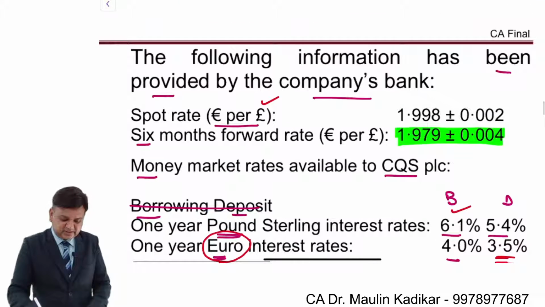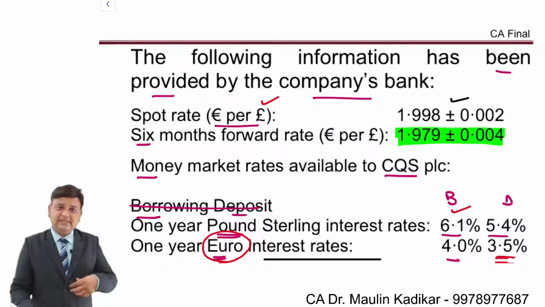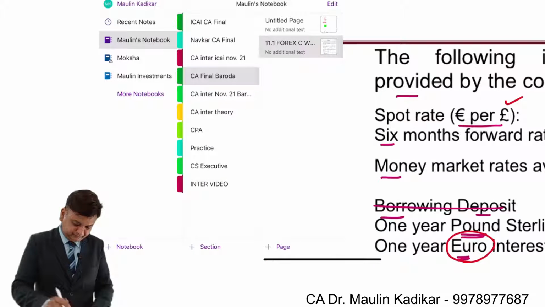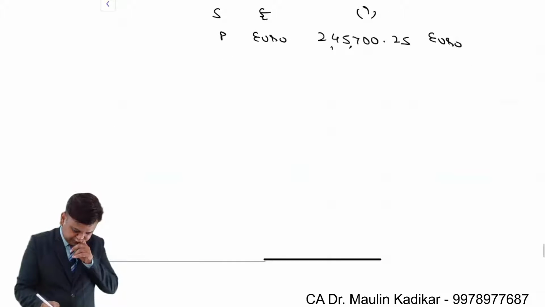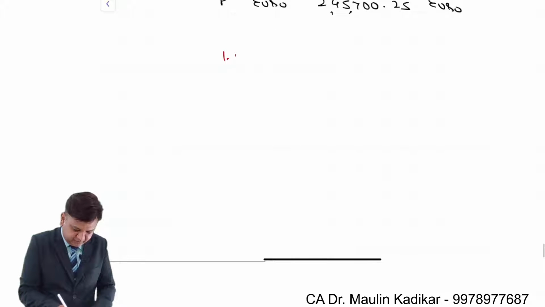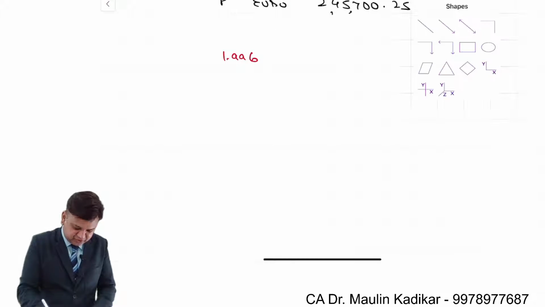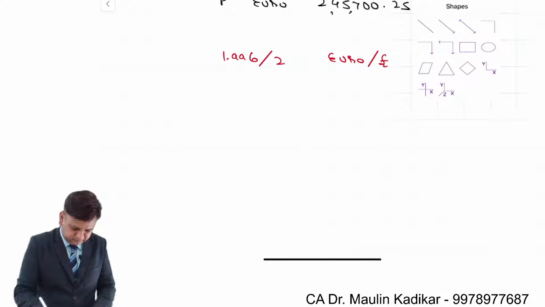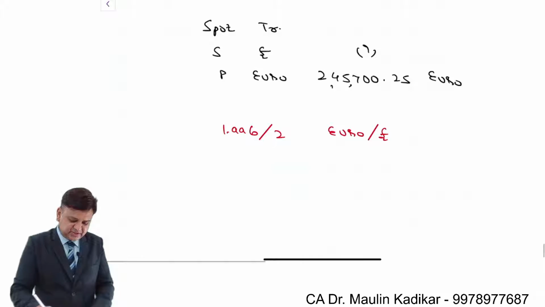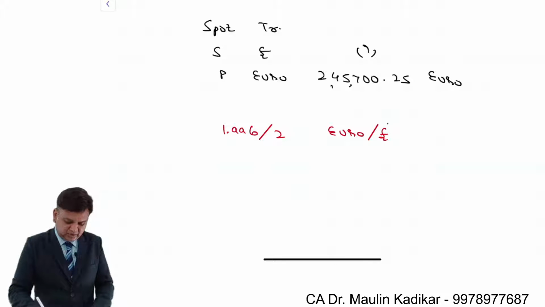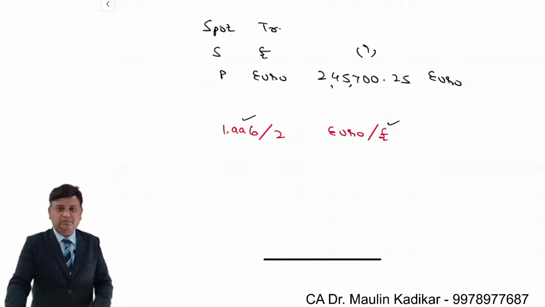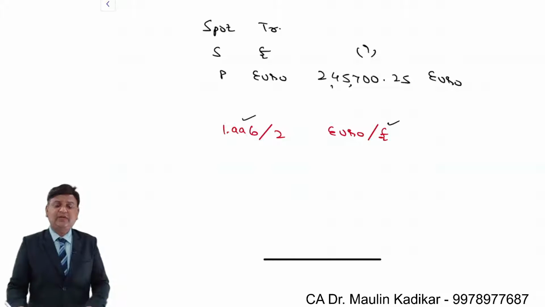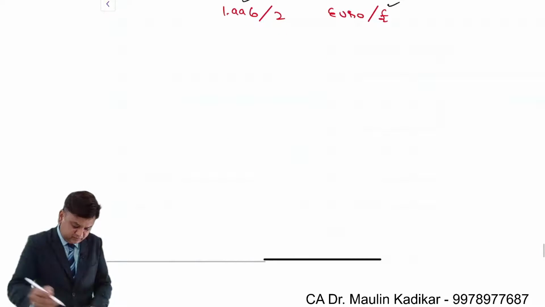The spot exchange rate is 1.996/2 euro per pound. The transaction is sell of pound and purchase of euro. So for every 1 pound you will get less amount of euro.